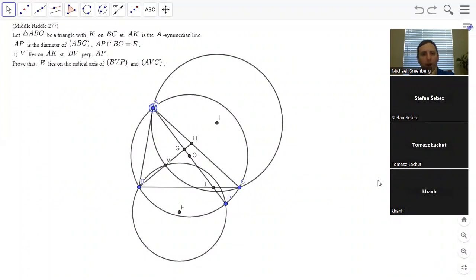So actually, I just realized the problem. Well, actually, never mind. I thought the problem was symmetric for a second if I try to do it the way I was thinking. But yeah, if we could show OF over OI is AC over BP, then that solves it.